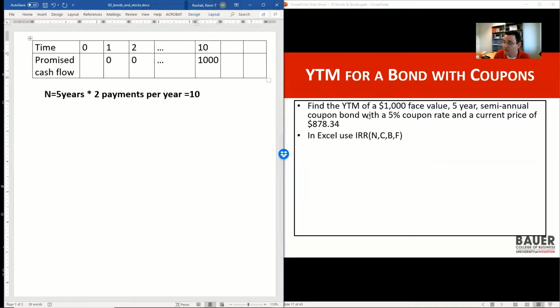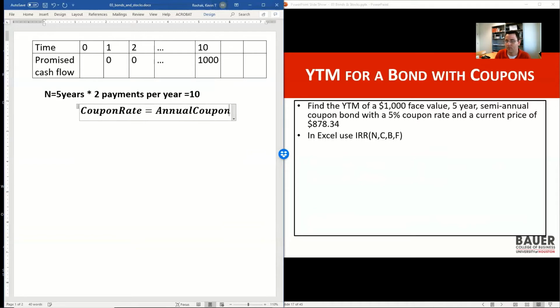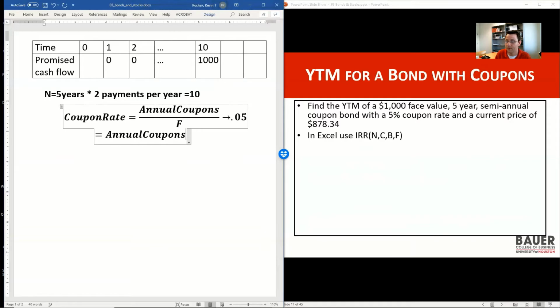There's a 5% coupon rate. So what does that tell us? That means the annual coupons are going to be 5% of the face amount. So the annual coupons divided by 1,000 is 5%.